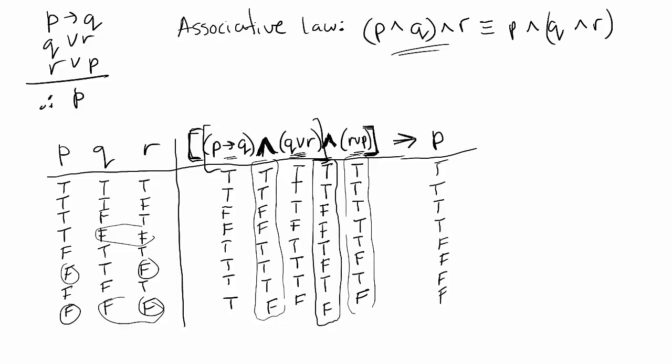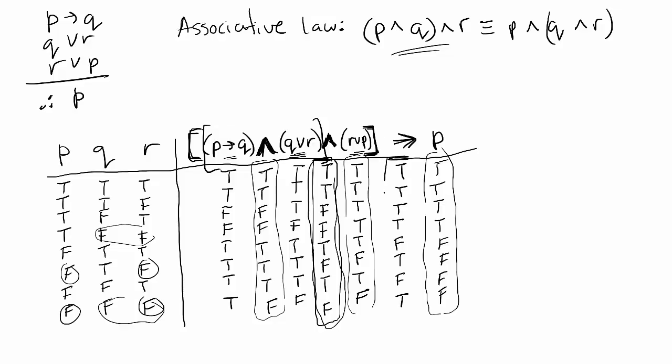And then we're finally doing this conditional with this column here and the P. So we have true, true, true by default, true by default, false, true, false, true. All right, box this in, and this is your answer column for this symbolic argument. And you do have two F's in there. So as soon as you have even one F, it becomes an invalid argument.